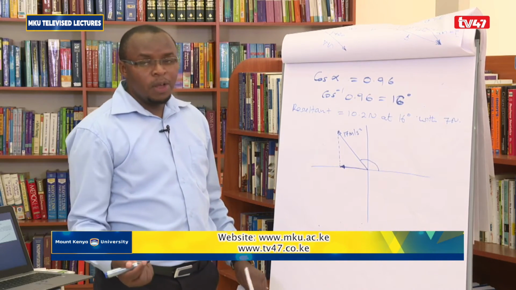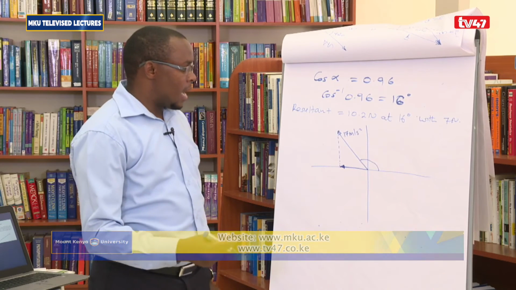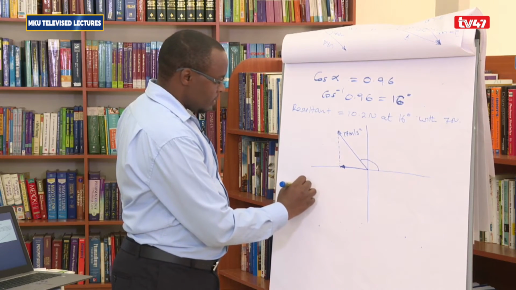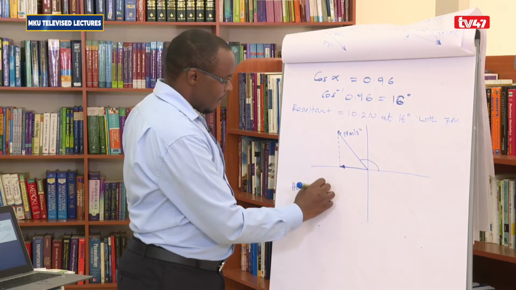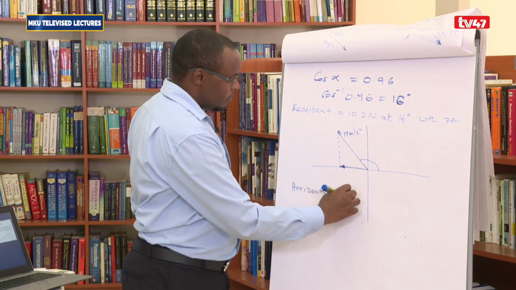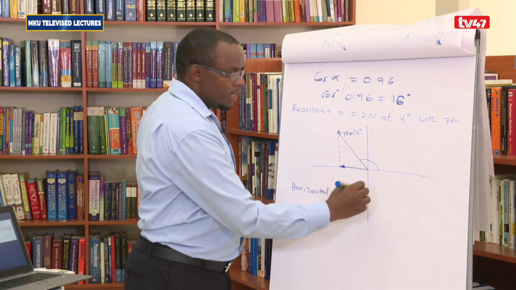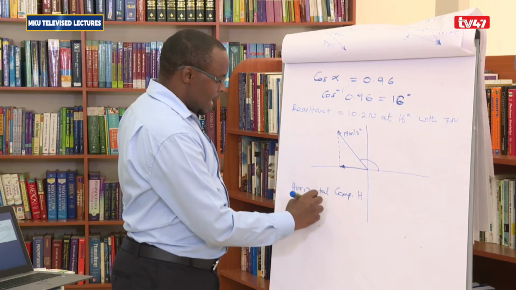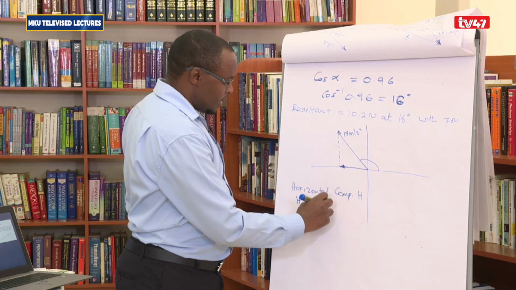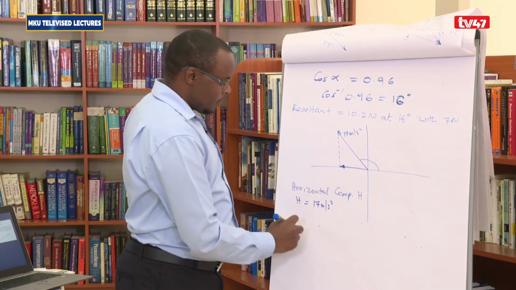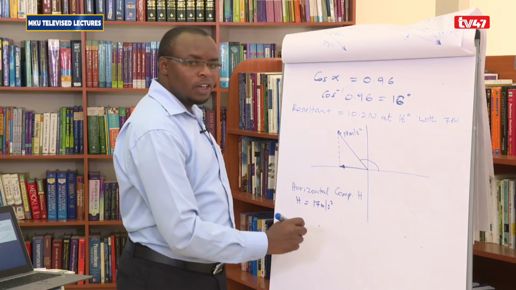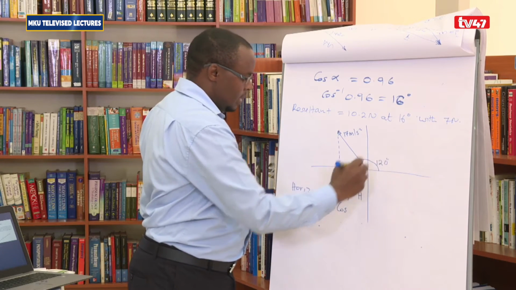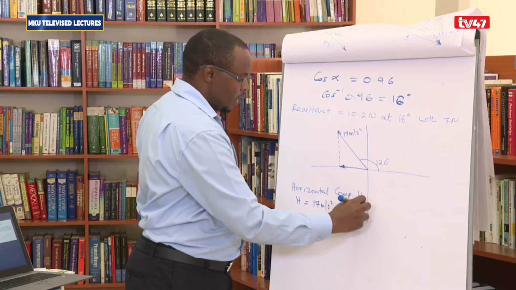Using the formula we have seen in the previous diagram, the horizontal component, abbreviated h, is given by 17 meters per second squared times cos 120 degrees.